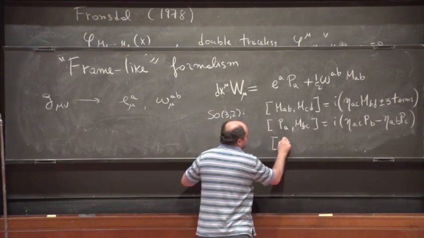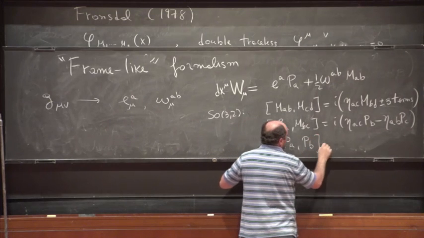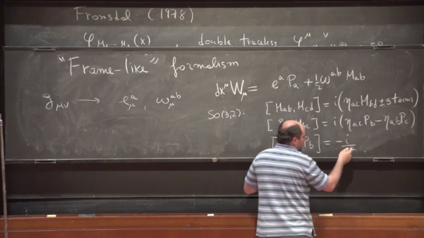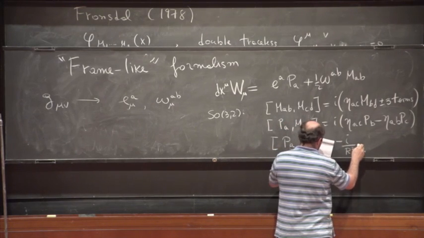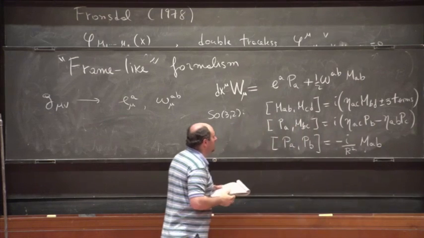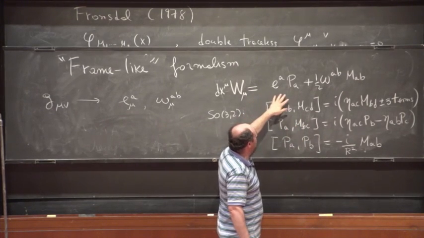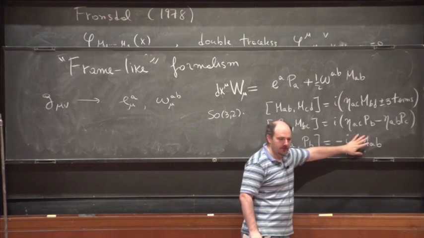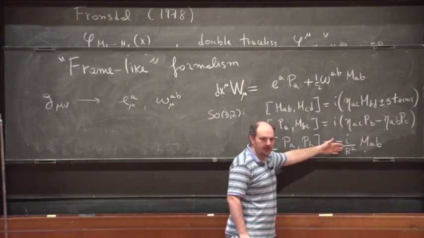The one which is different is the commutator of the translations. So this is the AdS scale, which usually I set to 1, but I'm putting here for clarity. Okay, so this is the SO(3,2) algebra. In the flat space case, we could do the same construction, then P_A and M_AB will generate the Poincaré algebra. This will be 0. And in the de Sitter case, you just have an opposite sign here.